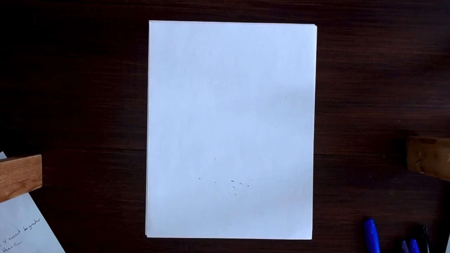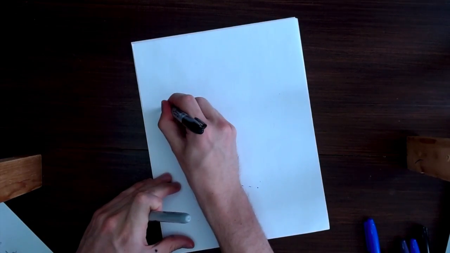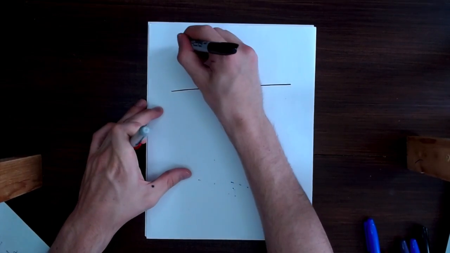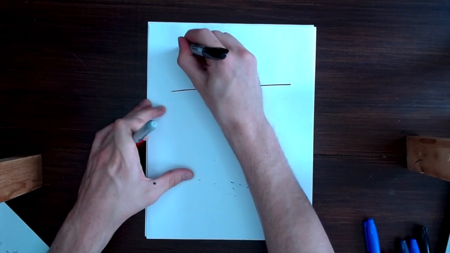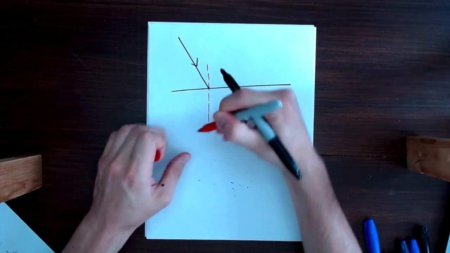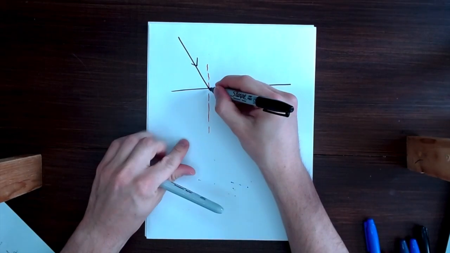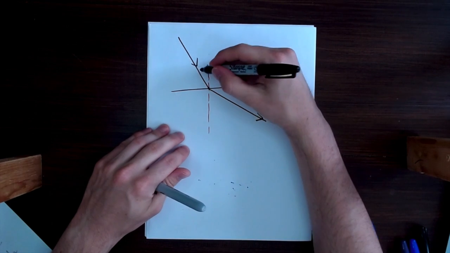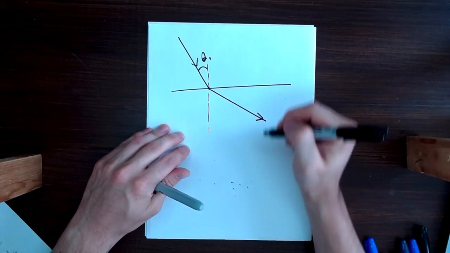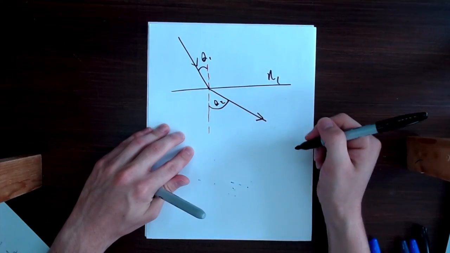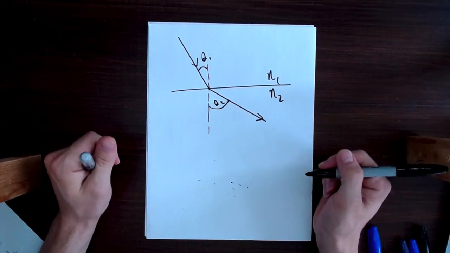I can also have a situation like this, where I have my medium here. It's a little crooked. I have light coming in like this, my normal line like this, and then the opposite happening. My light bends like that. Here I have theta 1, here I have theta 2, I have my index of refraction 1 and my index of refraction of 2.